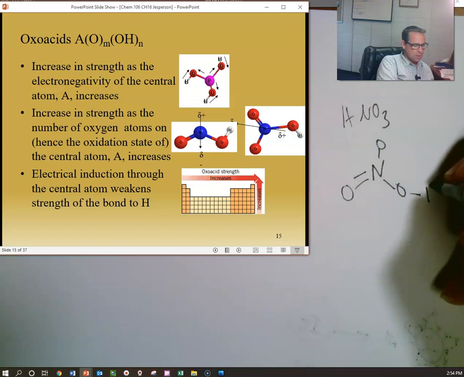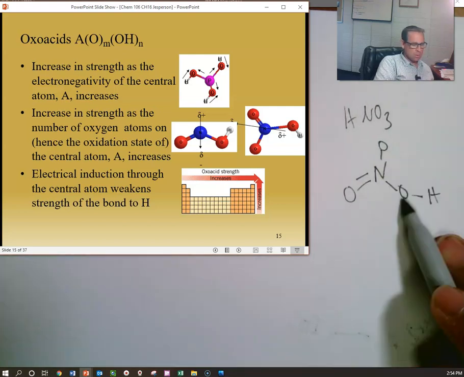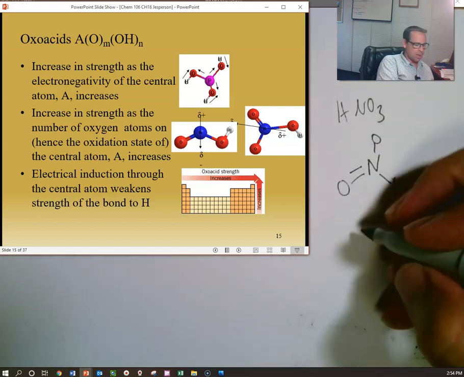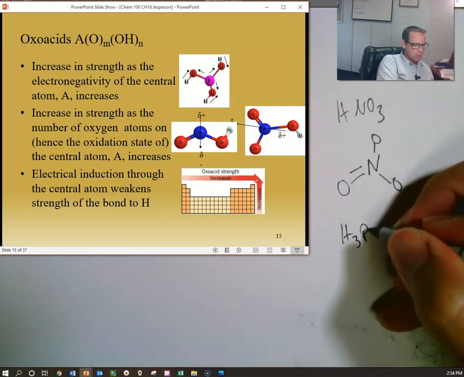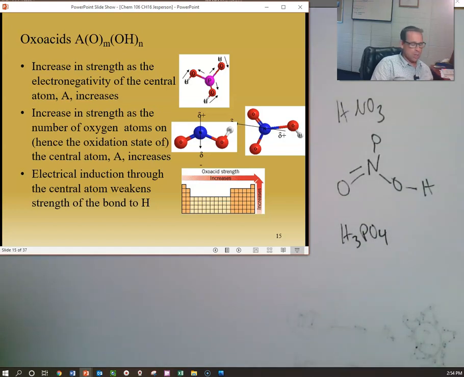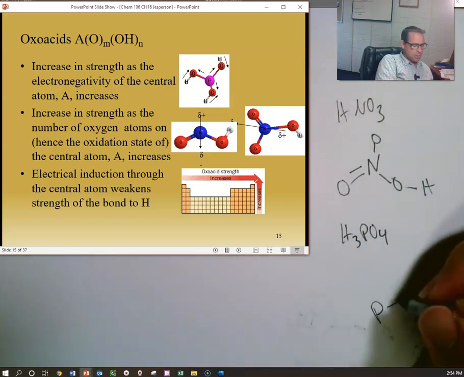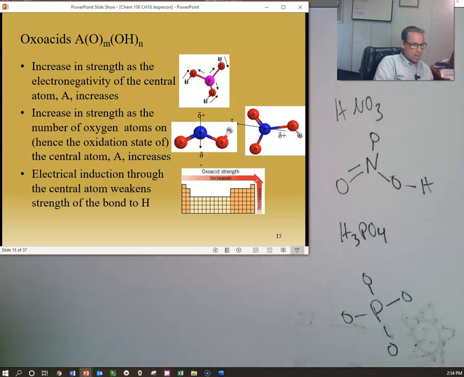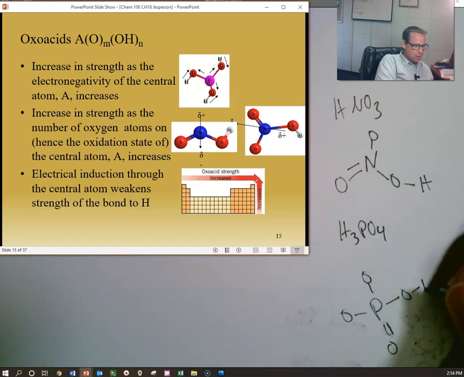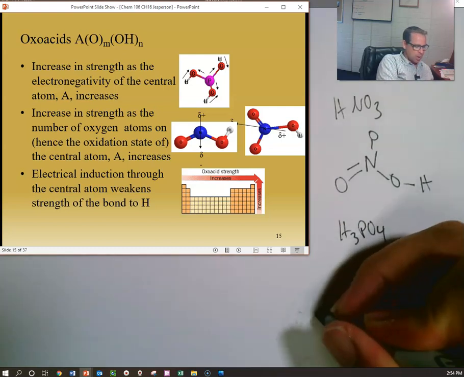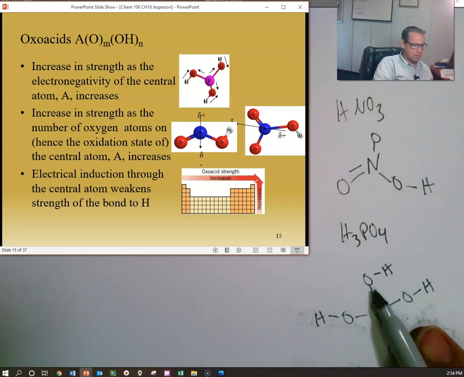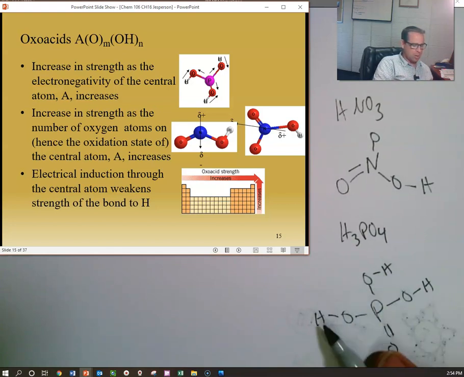And then the hydrogen is connecting to the polyatomic ion by an oxygen atom. H3PO4, phosphoric acid. The phosphorus is in the middle, 4 oxygens, right? And then 3 of these oxygens have hydrogens on them, right? And again, the element in the middle is connected to the hydrogens through the oxygens.